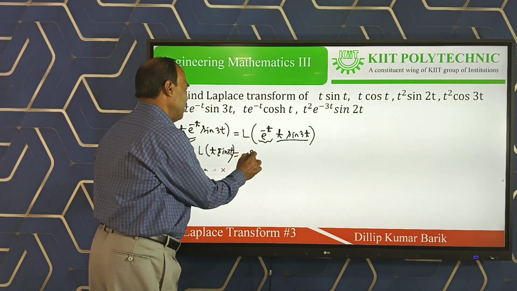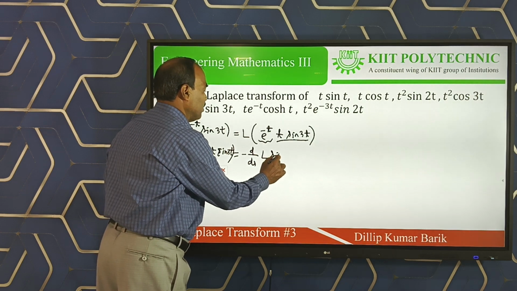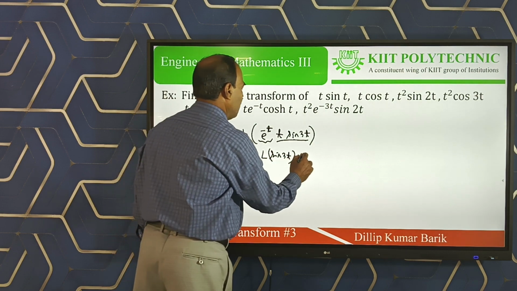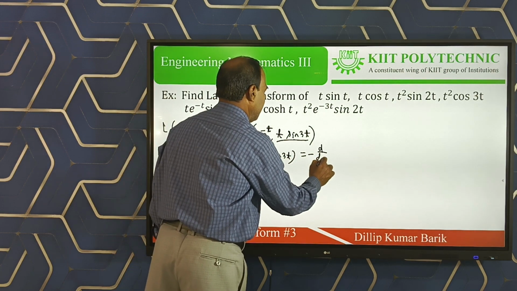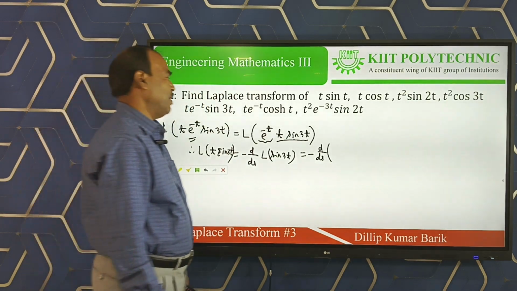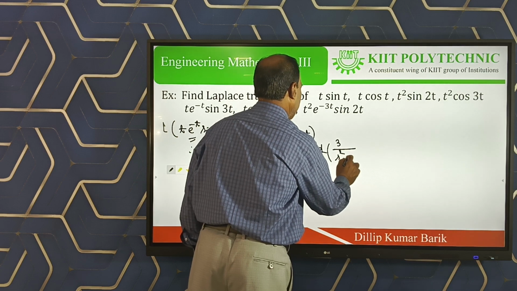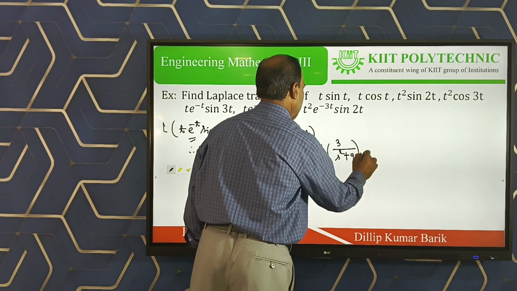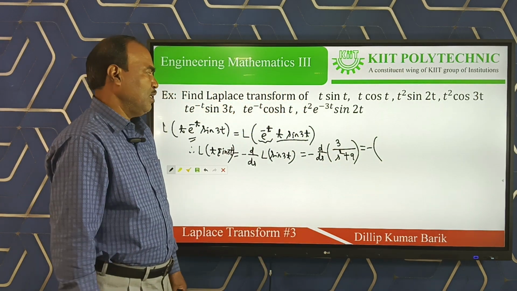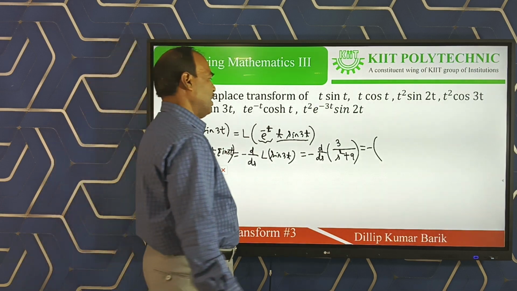The formula is minus the first derivative of the Laplace of the function f(t). F(t) here is sin 3t, so it is equal to minus the derivative of the Laplace of sin 3t, 3 divided by s square plus 9, which is nothing but minus. Again apply the u by v formula. U is 3 here, v is s square plus 9.